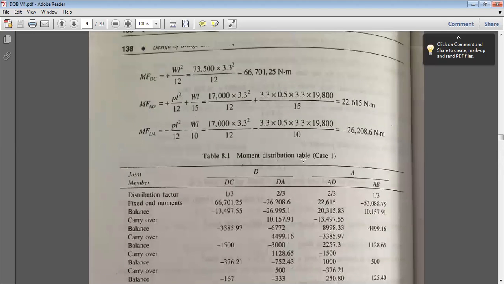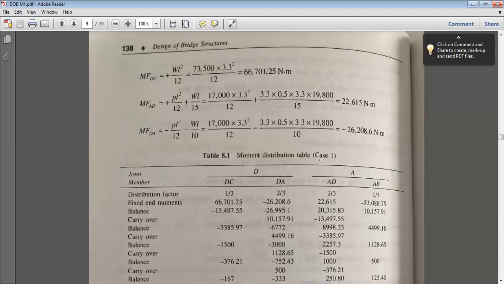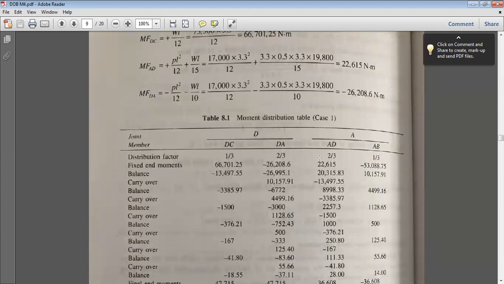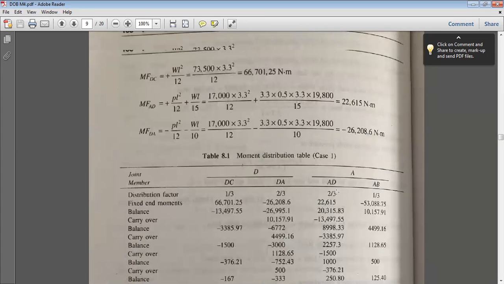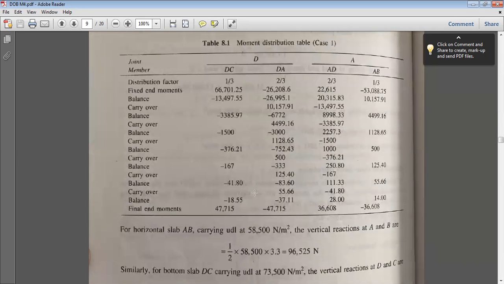At DC, I have 66,701. Next at BA, I have 26,208. At AD, I have 22,615. At AB, I have 53,088. Now balance it, carry over, balance it, carry over, and calculate the moments at every junction.